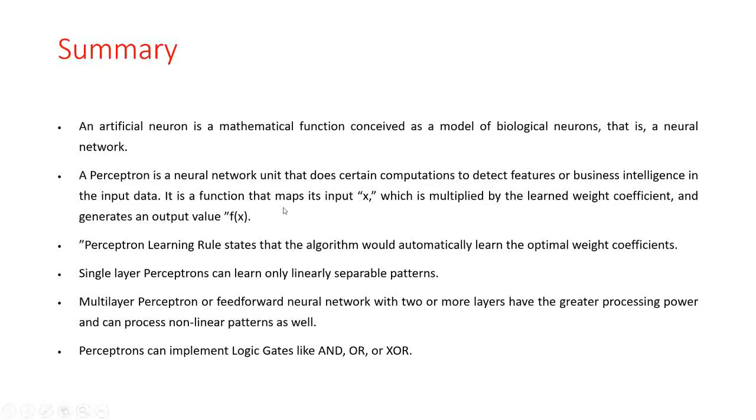So it is a function that maps the input, which is multiplied by the learned weight coefficient, and generates the output value, that is f. Again, we discussed the perceptron model or perceptron learning rule. It states that the algorithm would automatically learn the optimal weight coefficients.